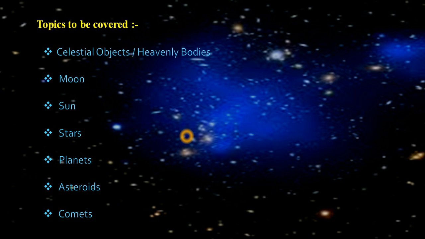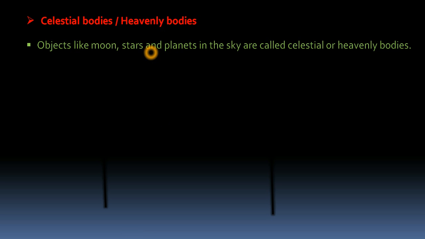Just before we start our chapter, let's first look at what celestial bodies, or heavenly bodies, are. The objects which exist in the sky, in outer space, are called celestial objects.